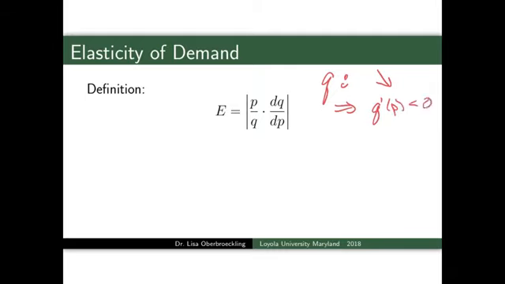And that's why a lot of places use the absolute value. Remember, I didn't mention this, but dQ/dP is the same as Q prime. So this is P over Q times Q prime, and then take the absolute value.